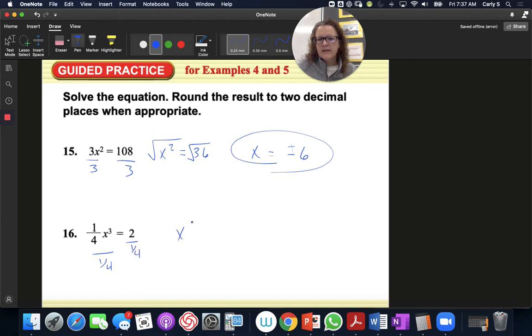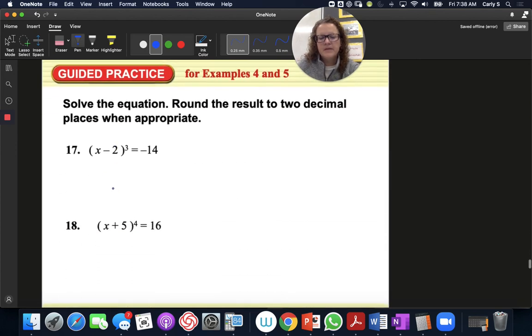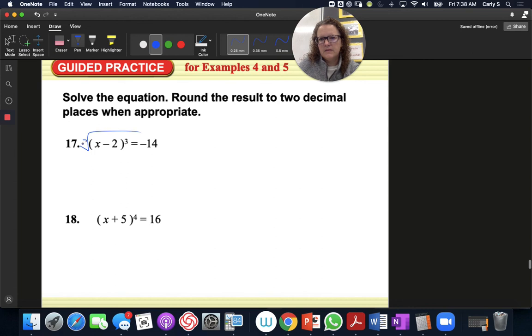I have x cubed equals 8. Cubed root. It's an odd power, so it stays positive. So many of these. Cubed root, it's an odd power, so a negative cubed root stays negative.